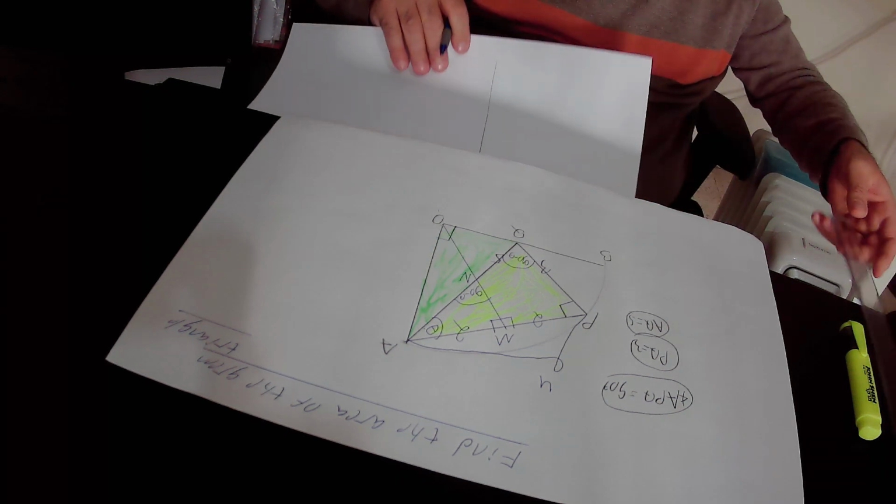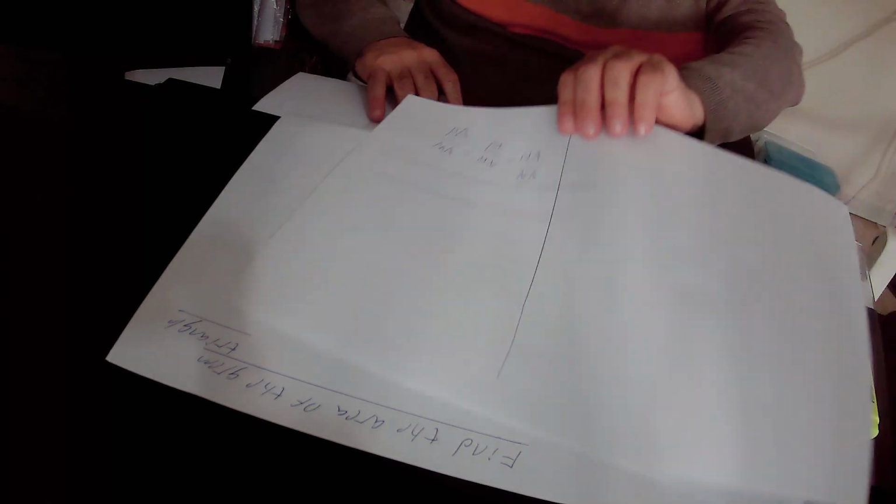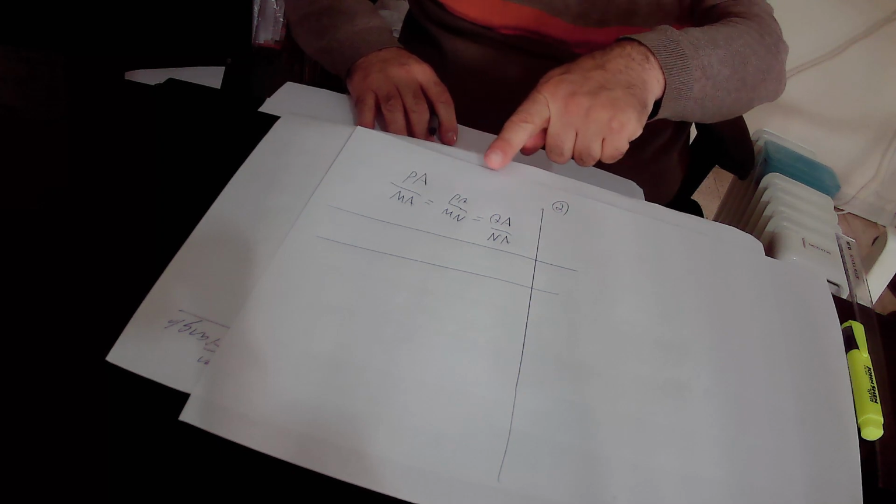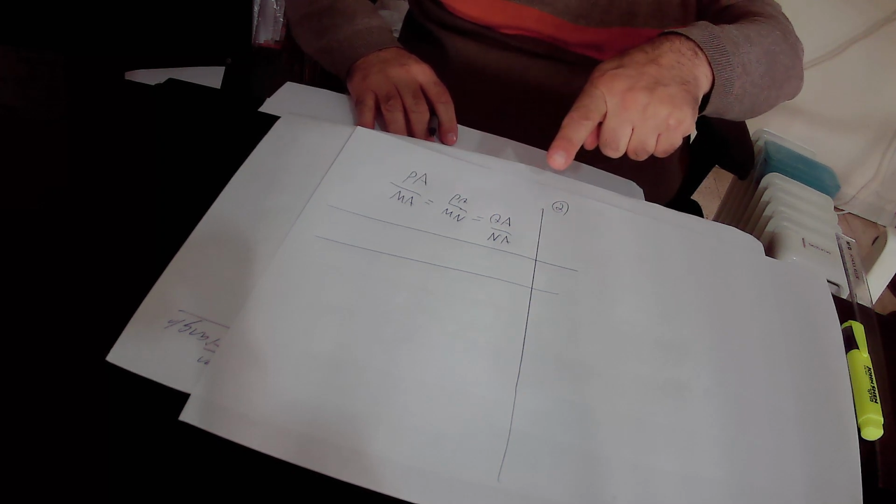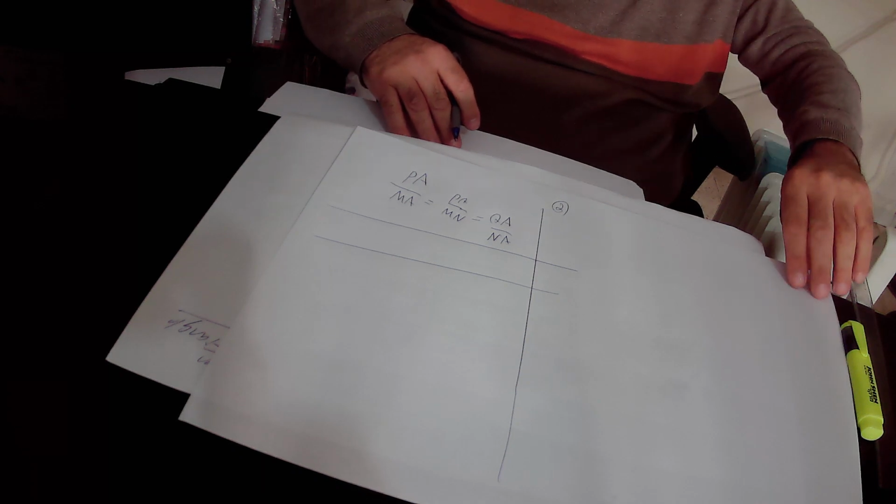Repeat again: PA over MA equals PQ over MN equals QA over AN.